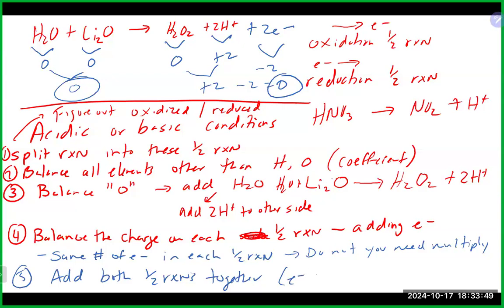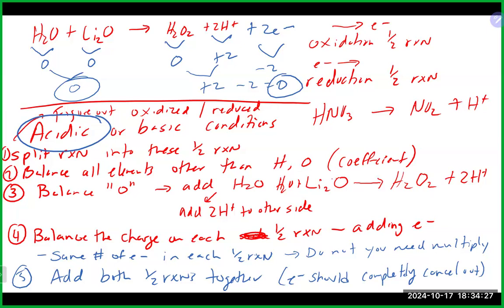The electrons should completely cancel out. Again, that's the part where opposite sides of the arrow, same thing, cancel or reduce down. Everybody on the left stays on the left, everybody on the right stays on the right. If you do all those steps, congratulations, you just balanced one of these reactions in acidic conditions. Basic conditions, we'll talk about in a second, but these are the steps for acidic conditions. Any questions on that?